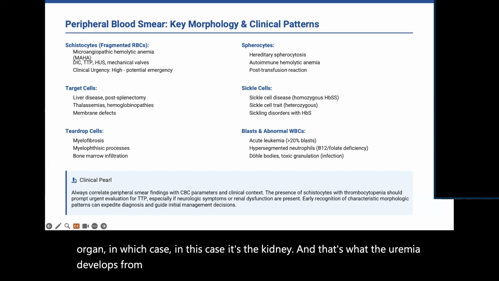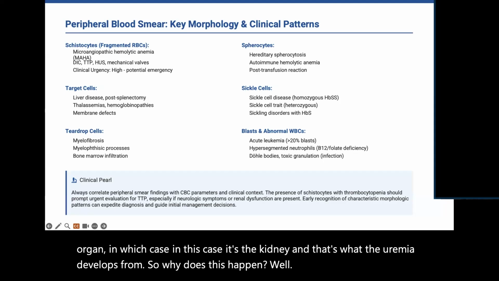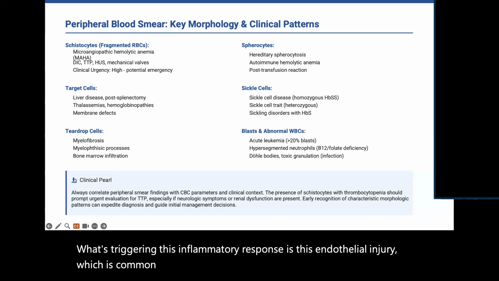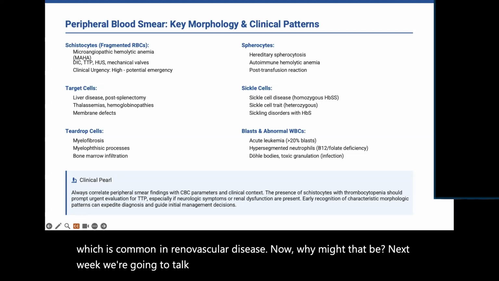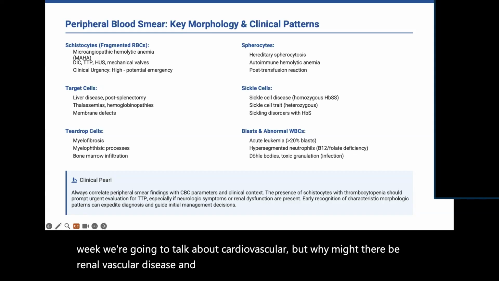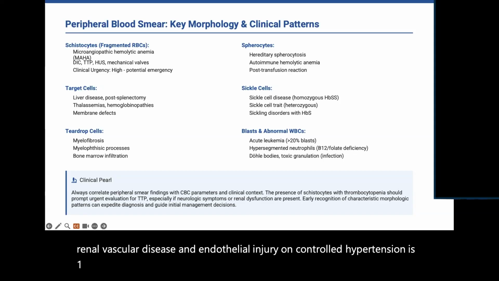So why does this happen? Well, what's triggering this inflammatory response is endothelial injury, which is common in renovascular disease. Now, why might that be? Next week we're going to talk about cardiovascular, but why might there be renovascular disease and endothelial injury? Uncontrolled hypertension is one reason. Plaque rupture. So you can have this renal vasculature that's offended, if you will.